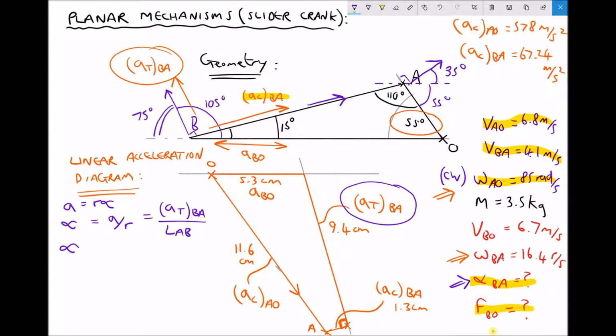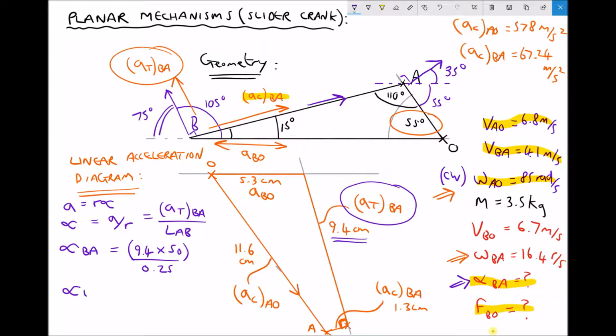Therefore, the angular acceleration of B relative to A equals 9.4 centimetres times our conversion factor of 50. That would get us back from a distance to an acceleration value, and the length of AB is 0.25.